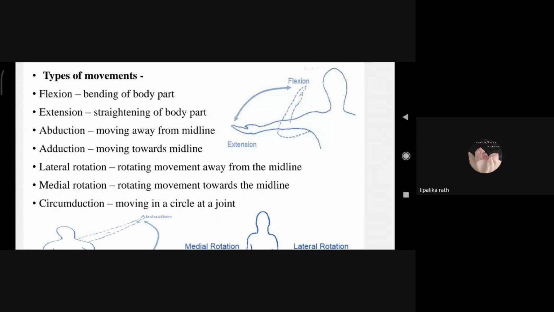When we are bending our body, we can see the angle is reducing. Not in the case of the spine. When we are bending backward, it is extending from forward, so it is extension of the spine. But when we are bending forward, the angle is decreasing from the front, so that is flexion of the spine.